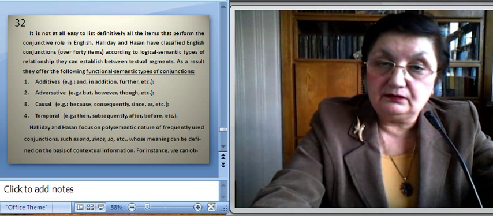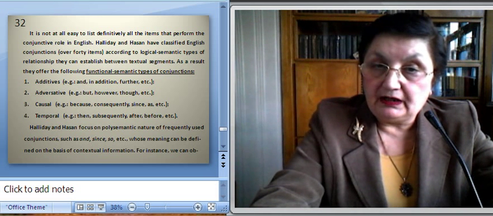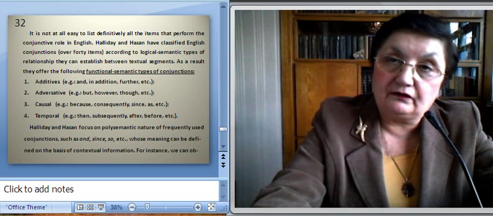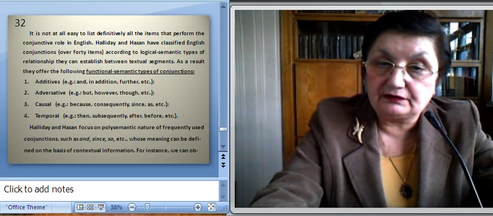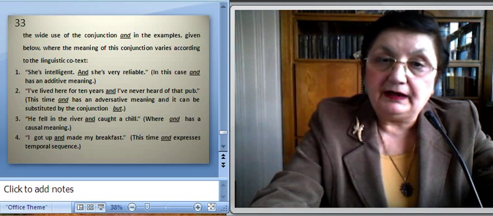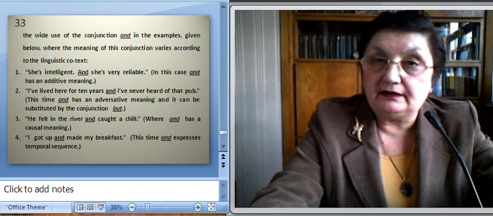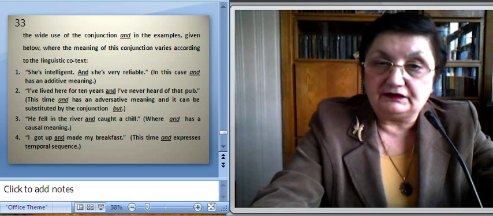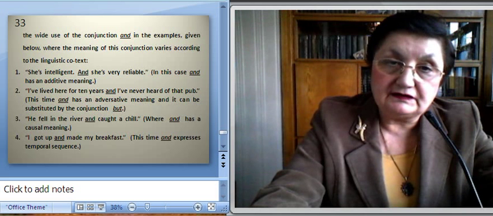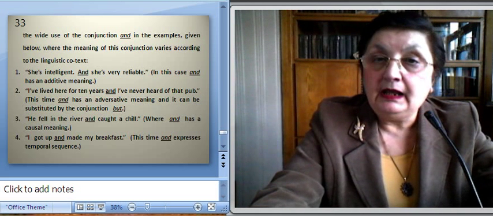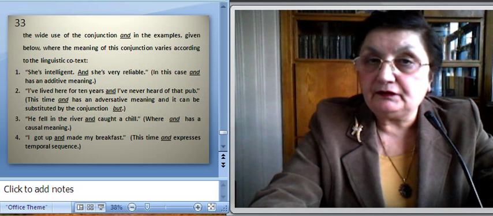I'll read these sentences. The first sentence. She is intelligent and she is very reliable. In this case, the conjunction has an additive meaning. The second sentence. I have lived here for 10 years and I have never heard of that pub. This time, the conjunction has an adversative meaning and it can be substituted by the conjunction but.